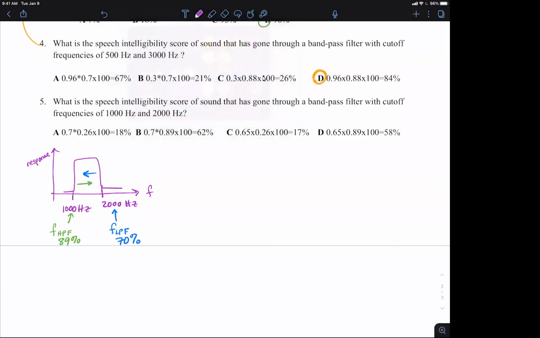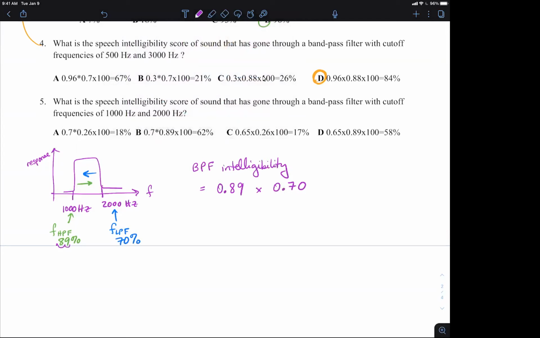Okay, so the band pass filter intelligibility is equal to the high pass filter intelligibility converted to a decimal, which is converting by dividing by 100, times the low pass filter, 70%.